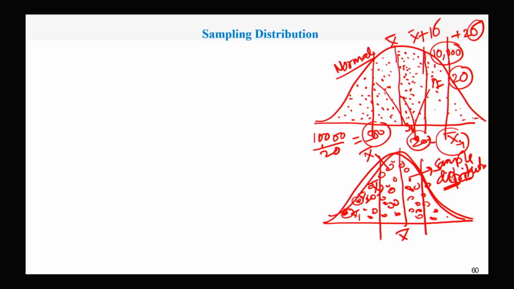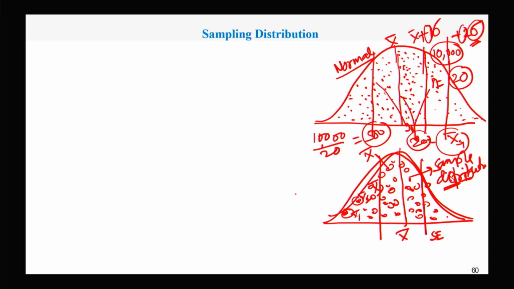We should remember here that there's a difference between the sampling distribution and the normal distribution. Here we use 1 into sigma, 2 into sigma. Instead of sigma, standard deviation, in the sampling distribution we use the term standard error.